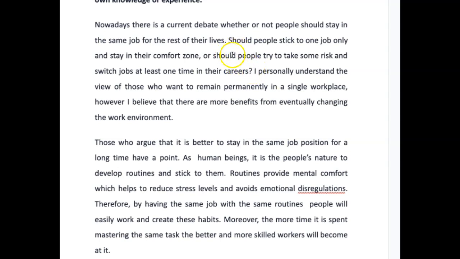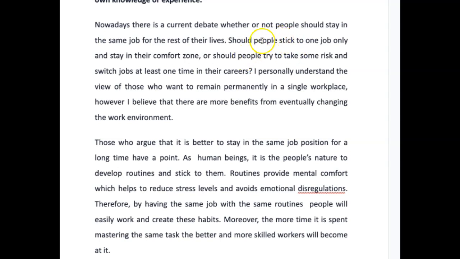Avoid direct questions like this. Okay? It's not the most academic way to phrase a sentence. I would say something like whether, and rephrase the whole sentence using whether. Whether people X, Y, Z, or should do this is a topic of debate, or is a fierce topic of debate in modern society, for example.